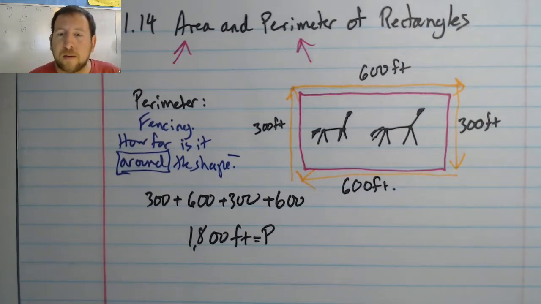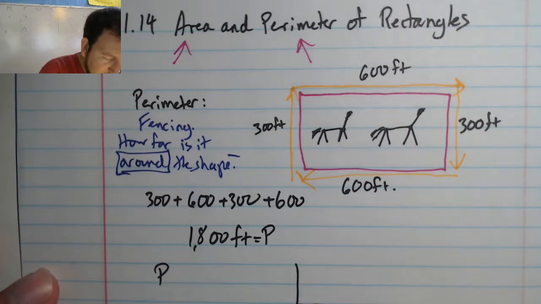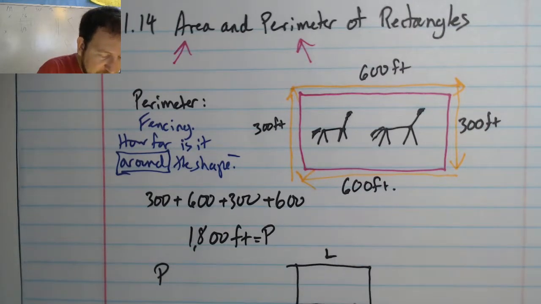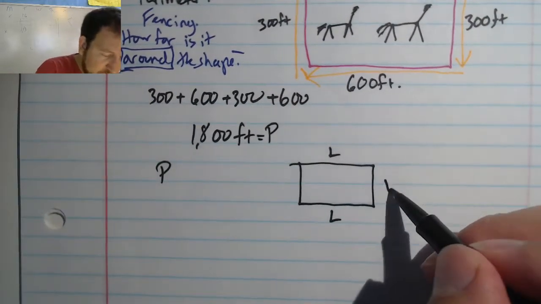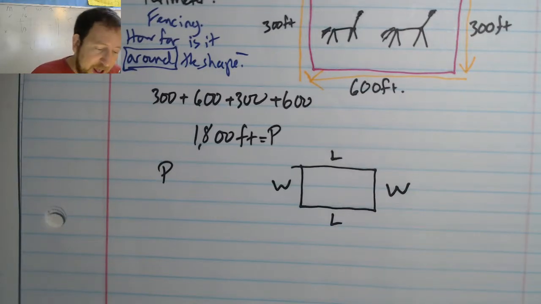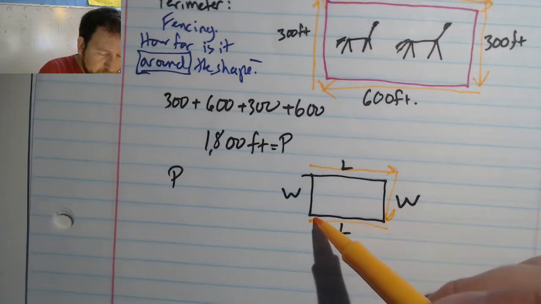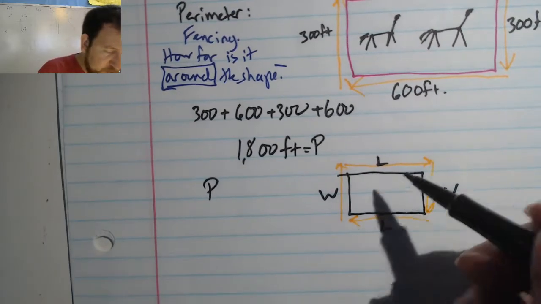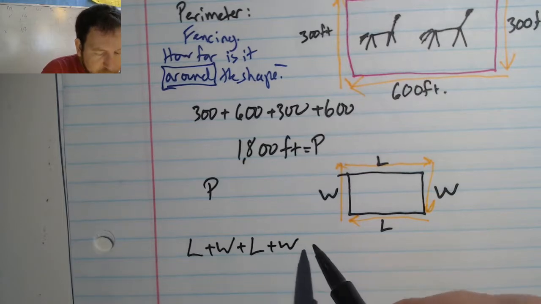So if I wanted to come up with a formula for my perimeter, and say I had a shape, and this length was L on both of these sides, and this length was W, width, I could do the same thing, and I could add up all of these sides. And in fact, my perimeter in this case would simply be L plus W plus L plus W.